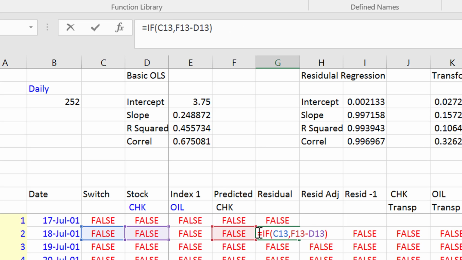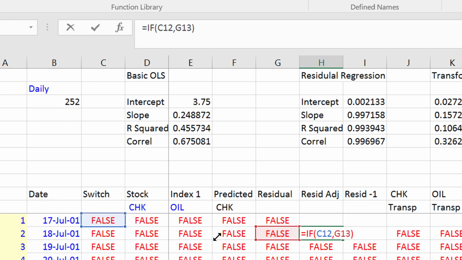The residual then is just the actual value minus the predicted value. And then we can kind of adjust this and only take the residual value for the prior year, really. Then we can go back one and take the residual value in the prior year.